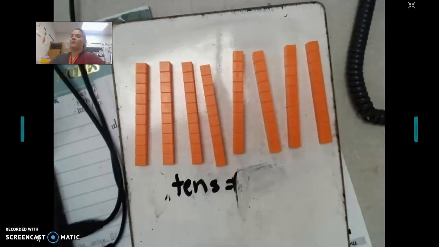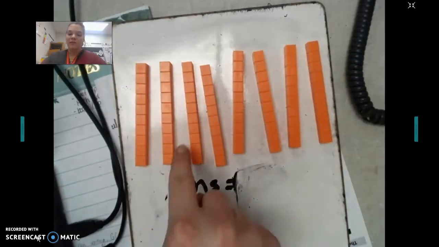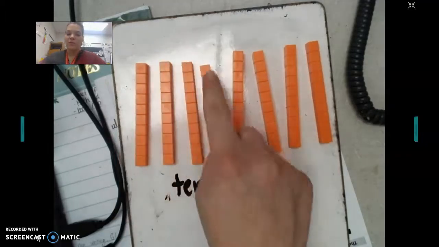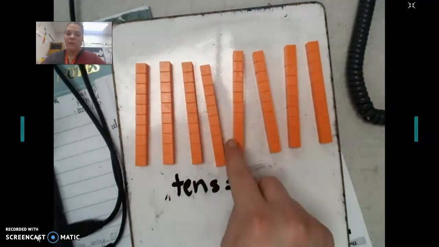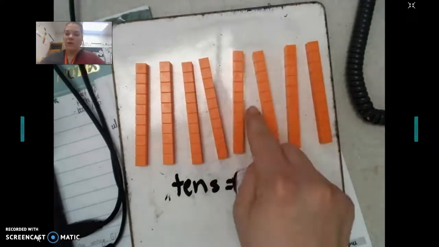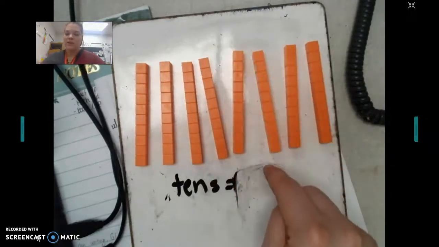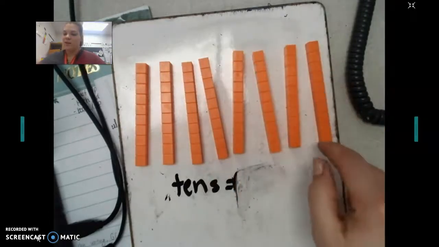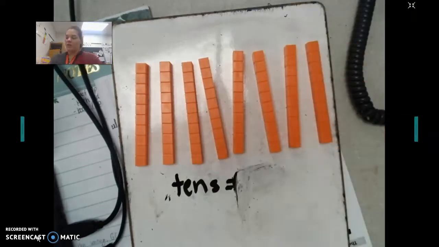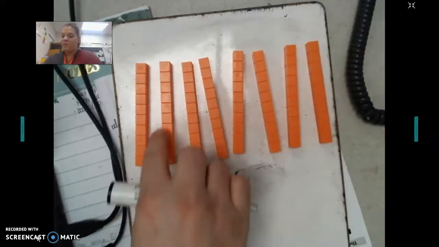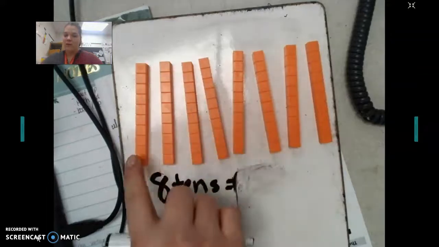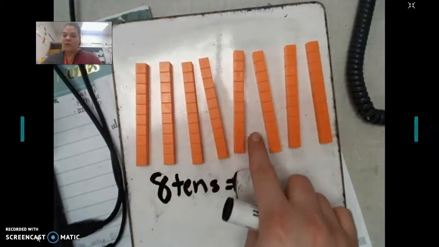Okay, now I'm going to count. 1, 2, 3, 4, 5, 6, 7, 8. There's 8 groups of 10. These are each a group of 10. 8 groups of 10 here.